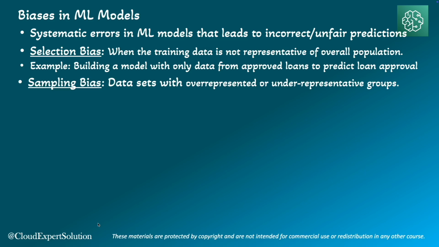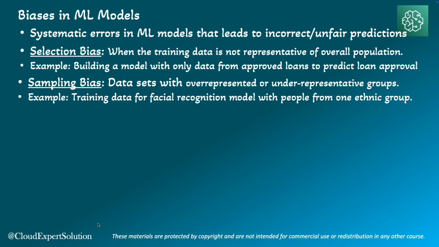Next, sampling bias. Sampling bias happens when certain groups are overrepresented or underrepresented in the training data. For instance, if a facial recognition model is trained primarily on images of people from one ethnic group, it may perform poorly on images of people from other ethnic group.